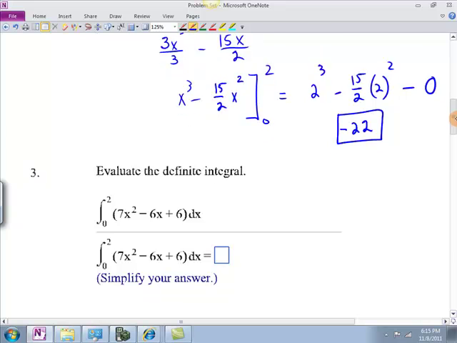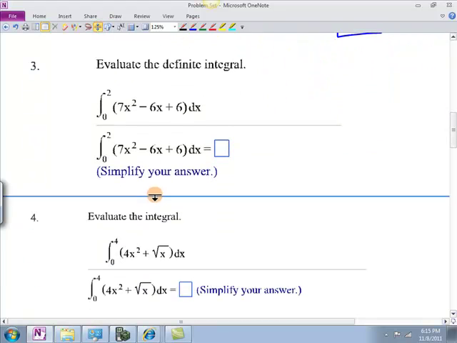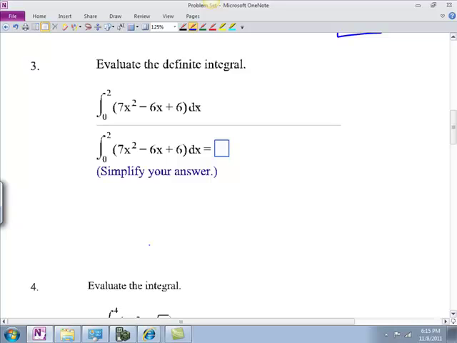Okay. All right. You try that one for me. I'll be writing, but you're working. It's a plain integral of a polynomial.